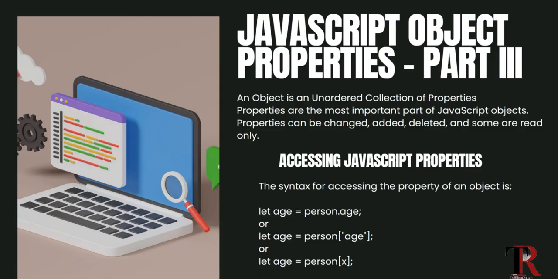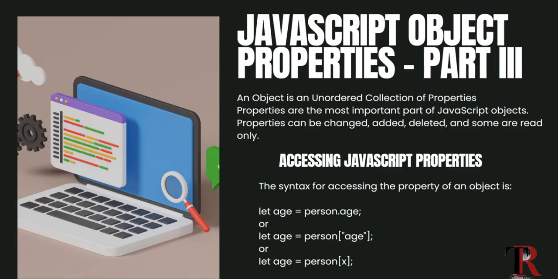Properties refer to what we have inside the object itself, which are a combination of key value pairs that take in a key and then have a corresponding value that matches the key. Those are the most important parts of what an object is in JavaScript.